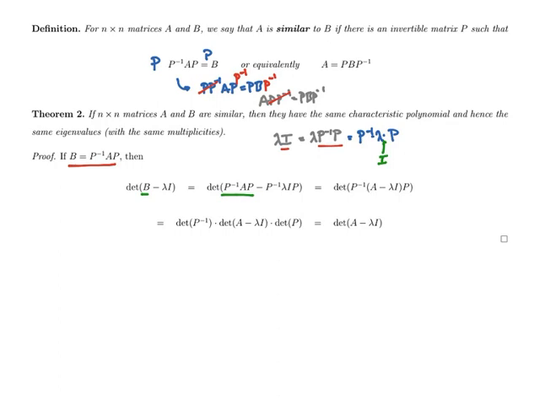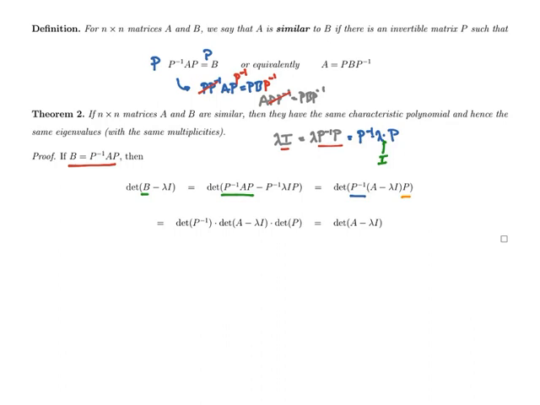So I'm rewriting lambda I as P inverse lambda I P, and then I can factor out a P inverse on the left and a P on the right, and I'm left with A minus lambda I in the middle.